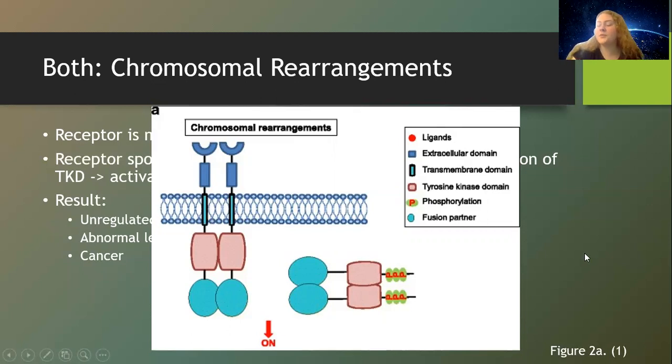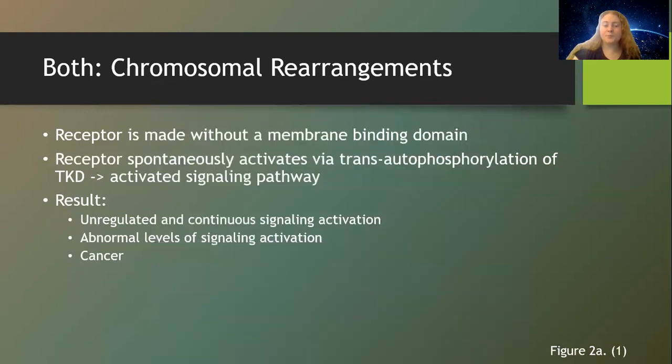And so chromosomal rearrangements can lead to multiple types of aberrant activation. It just depends upon whether the gene itself is being duplicated or whether it's being broken in some way. But the result is unregulated and continuous signaling activation, in a lot of cases abnormal levels of signaling activation, and this is another type of aberrant activation that is linked to cancer.